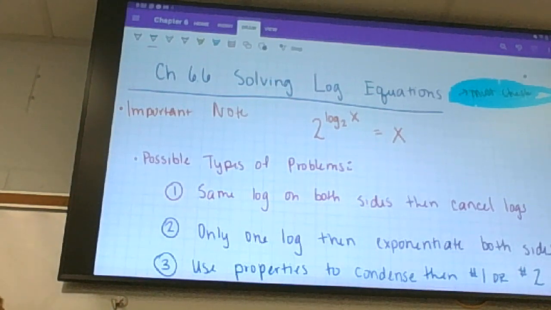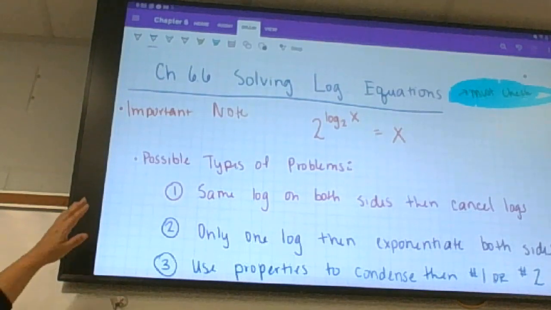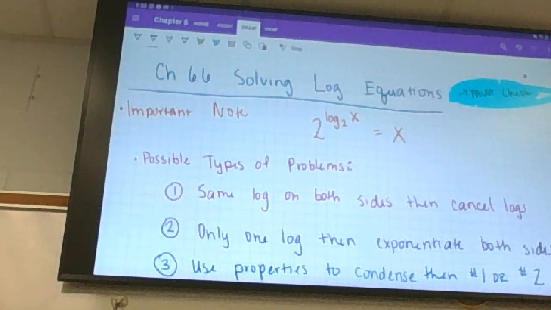For instance, if it was log base 5 of 2 equals log base 5 of x, the log 5's cancel, and 2 equals x. Okay, so this is going to be your most basic. That's type 1.